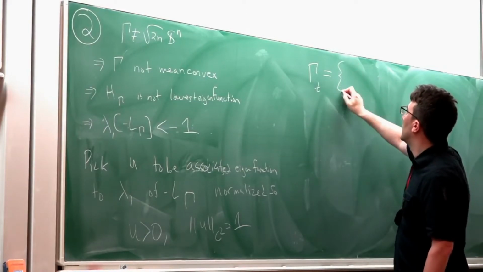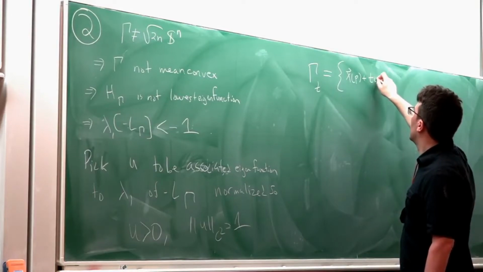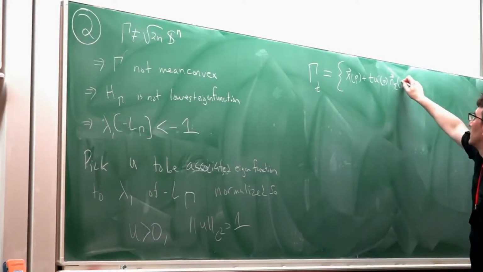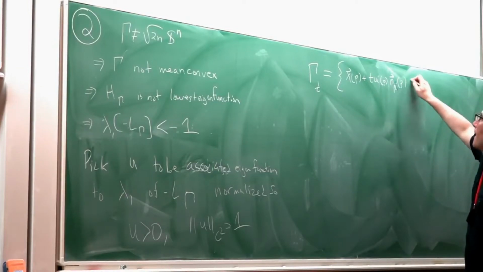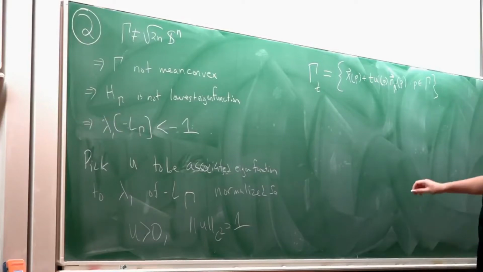So this is going to be the normal variations, right? So we have our gamma, and this would be t positive, something like this.